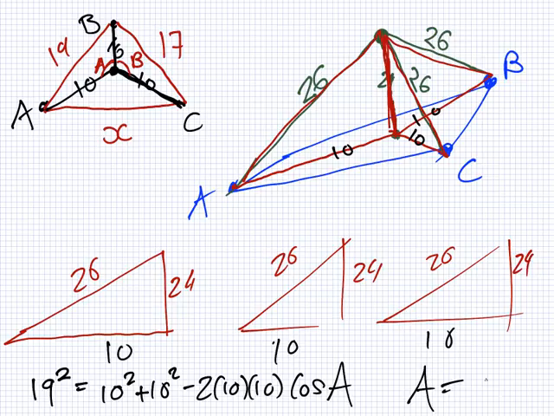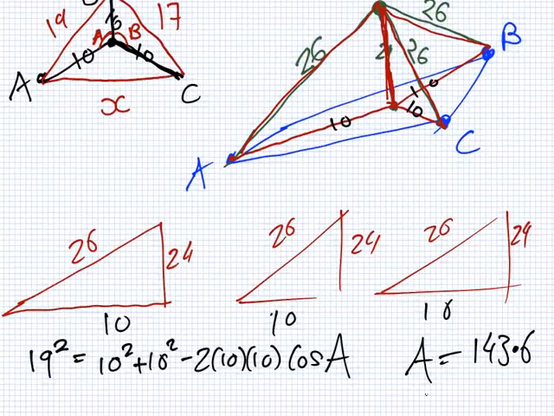So the angle here is 143.6 for the A. Now, what's the only difference in the B example? The 17 instead of 19. So if I go back on my calculator and change the 19 to a 17 and recalculate, I'll get B equal to 116.4 degrees.